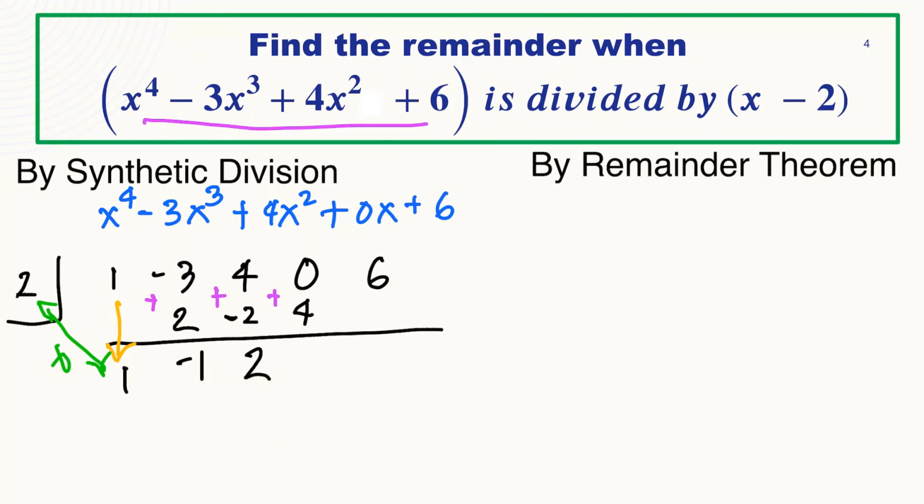And 0 plus 4 will give us 4. And we have 4 times 2, that will give us 8. And 6 plus 8 will give us 14. So this is the remainder.